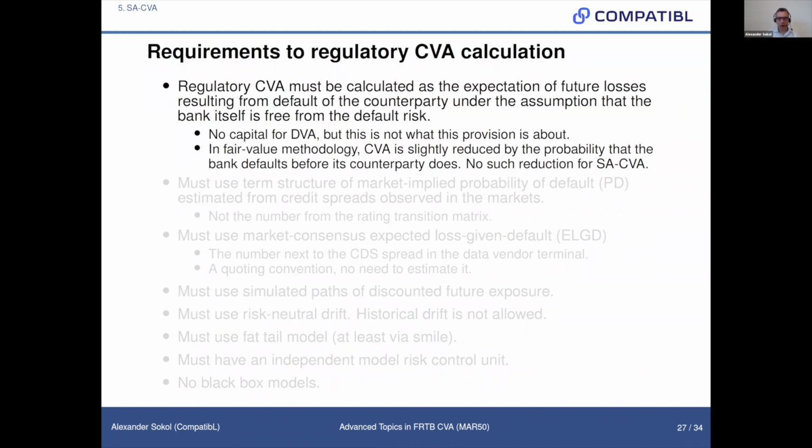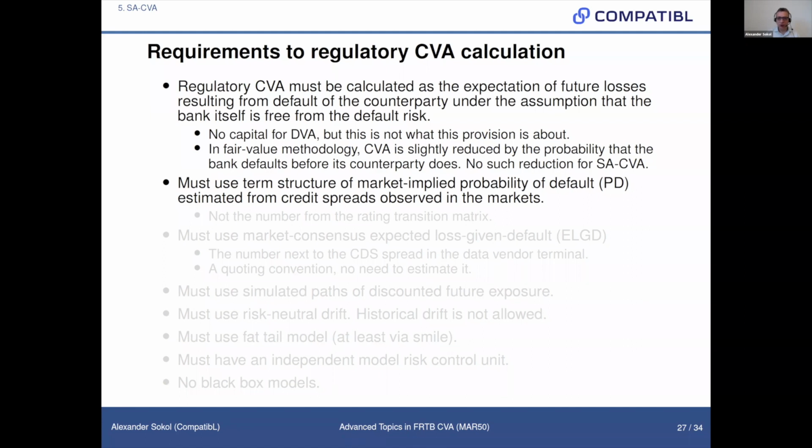Actually, we should also have put there the survival probability of us, the bank, because if you have a potential loss on a derivative and the counterparty defaults before the loss occurs, there is no loss. Likewise, if we default before the loss occurs, there is also no loss. So there should have been two survival probabilities there, the counterparty's and ours. This provision is saying don't include the second part. It's a small correction unless your portfolio is very long dated or you're a very risky firm, but nevertheless it is something to keep in mind.